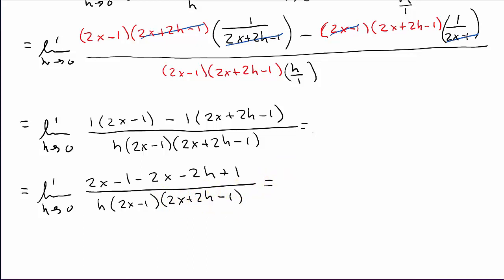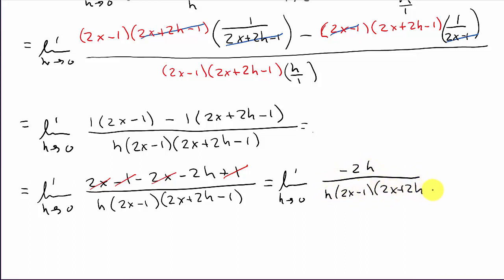And then this turns out nice. 2x minus 2x goes to 0. Negative 1 plus 1 goes to 0. We're left with the limit as h goes to 0 of negative 2h over h times 2x minus 1 times 2x plus 2h minus 1.